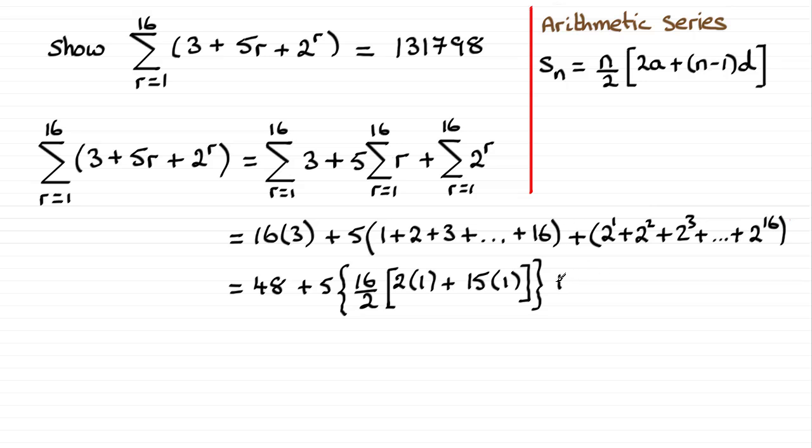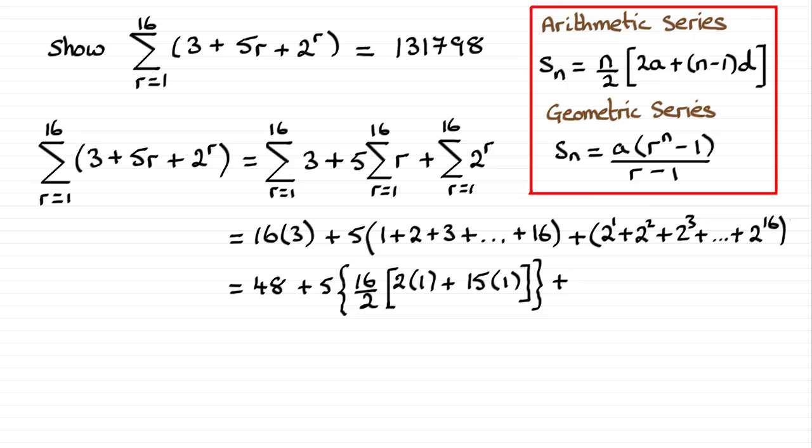Now when it comes to this next bracket, you should recognize this as a geometric progression. We're continually multiplying by the same value, 2. And the sum of a geometric series, you should also be familiar with this. Sn is equal to the first term a times the common ratio r to the power n minus 1, all divided by r minus 1.